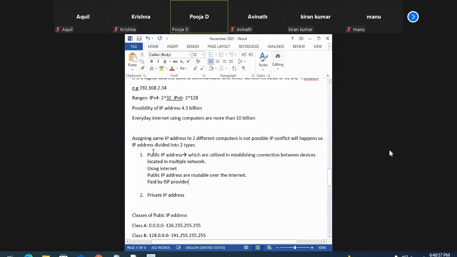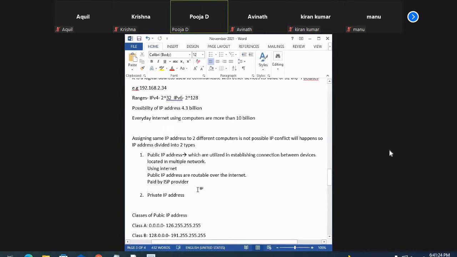If you are taking any internet connection, you are paying monthly, right? You are taking a package and paying monthly. So the ISP provider will assign one public IP address to you, and that is what you are paying for. So that is what is paid to the ISP provider.